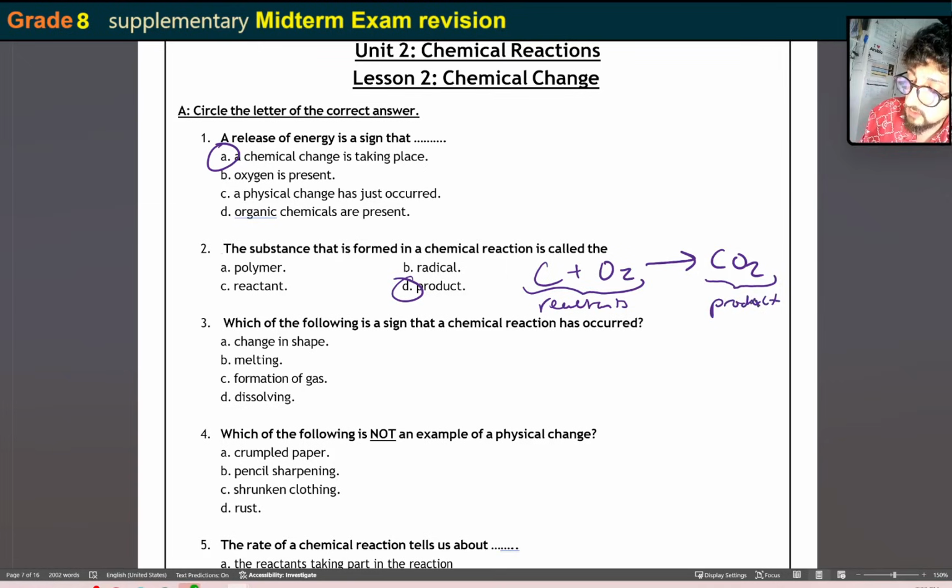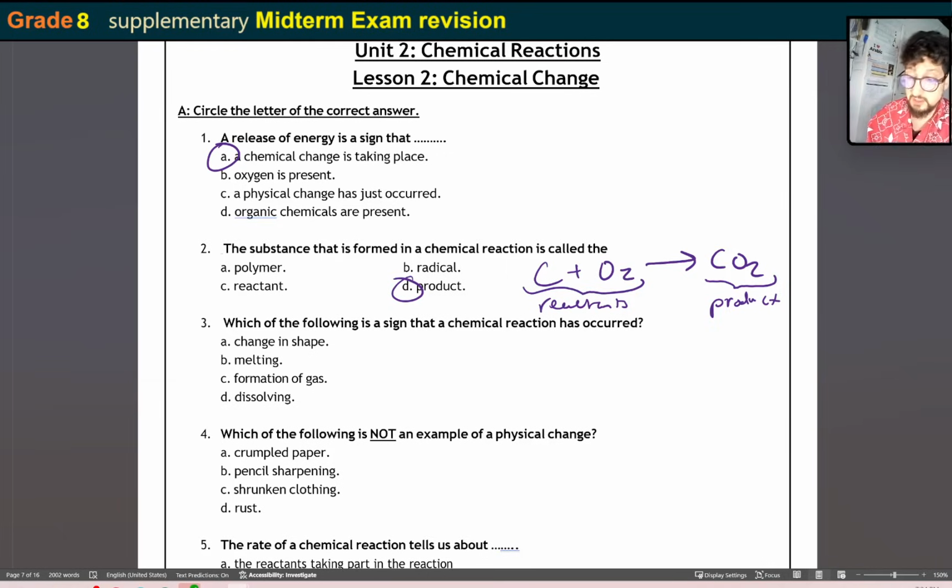Okay. Which of the following is a sign that a chemical reaction has occurred? Change in shape? No, because if I take a piece of paper and I crumble it, that is not a chemical reaction.